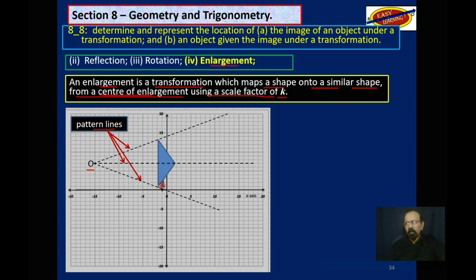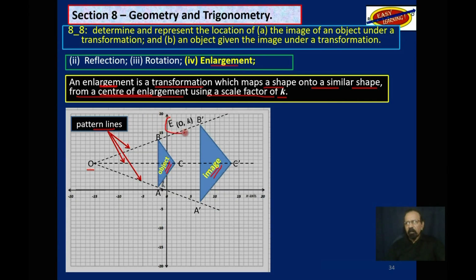If we have a triangle like that, ABC, we will call that the object. And if we draw another triangle over here, A prime, B prime, C prime, like that, what we have here is an image. Now, what makes this an image? Due to enlargement.